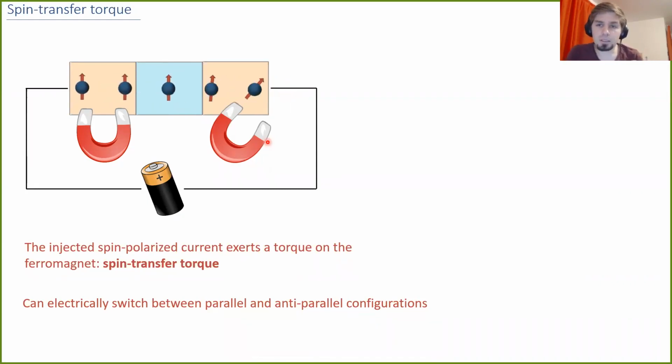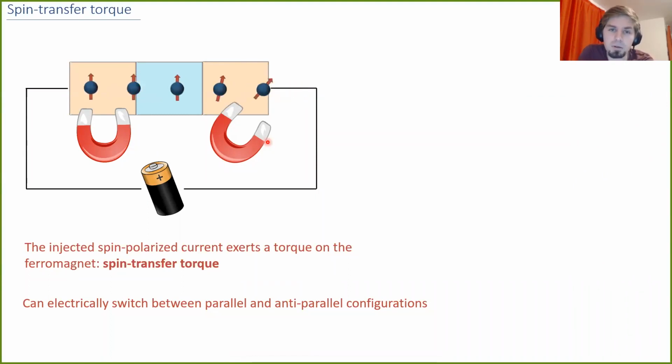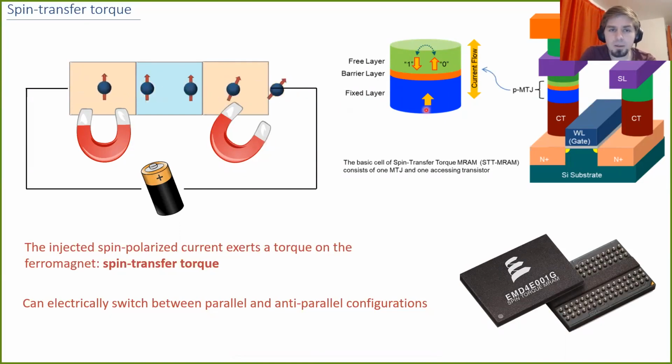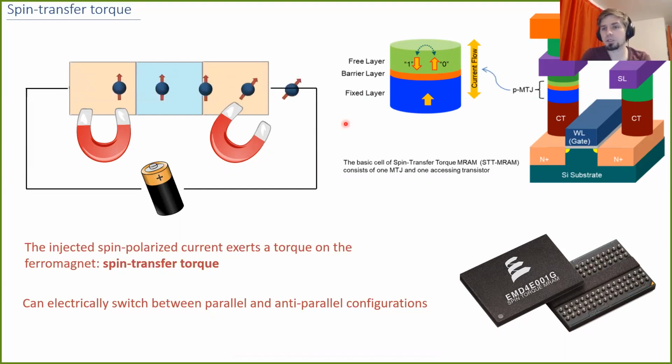This is the spin transfer torque, and it can be used to switch the junction between parallel and antiparallel states. You can use this, for example, for magnetic random access memories, where these junctions are the basic building blocks. These two are, I would say, the key functionality. We can electrically, using current, switch the junction between two stable states, and we can electrically then detect these two states.